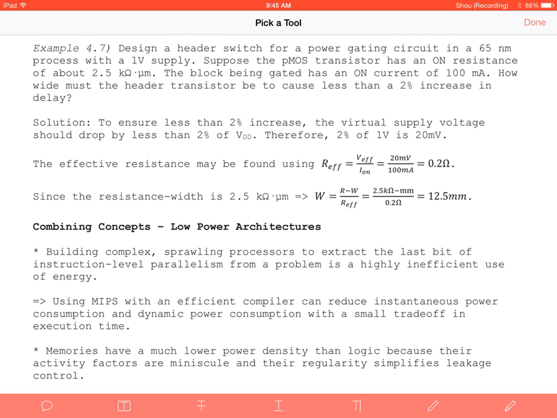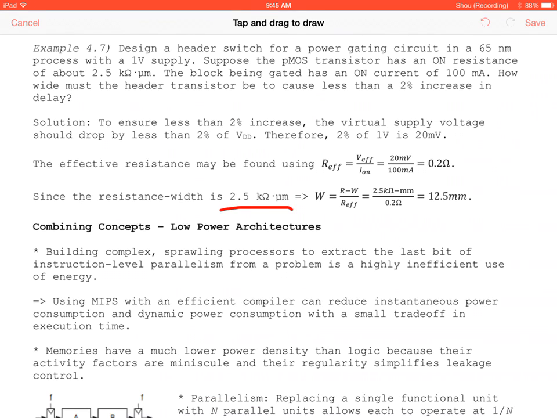We know 20 millivolts, and we know 100 milliamps, so it comes out to 0.2 ohms. Then we use that value and tie it back into our RC delay. Since the resistance width is 2 kilo ohm micrometers, we just divide that value by the effective resistance.